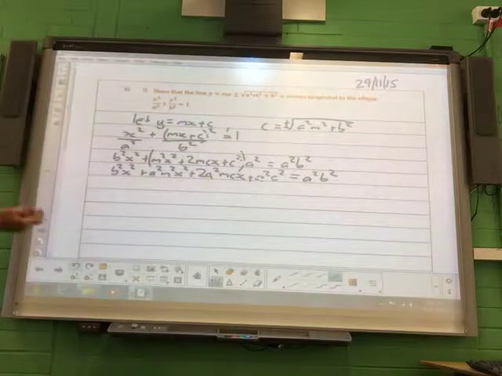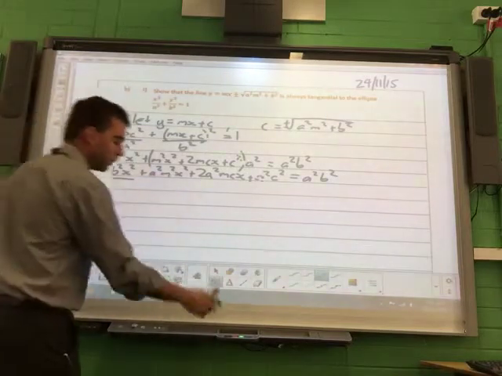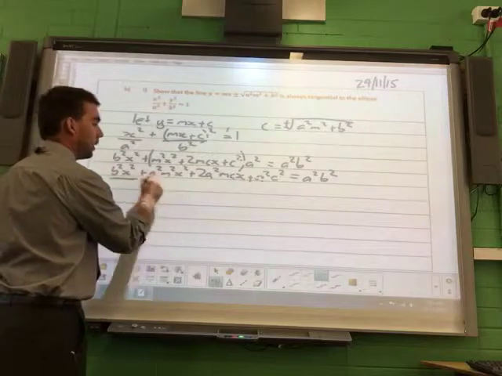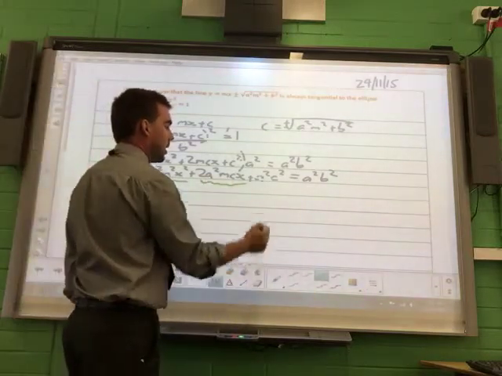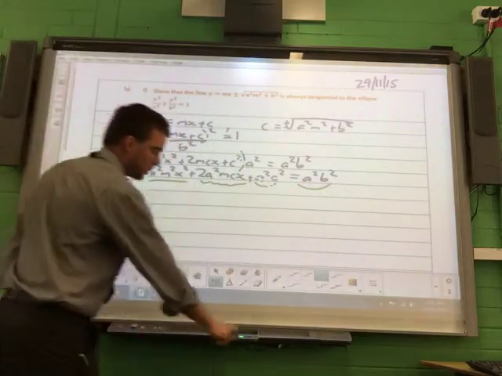Okay, so now I'm going to factorise in like powers of x. Alright, so we've got x squared, we have the x, and then we have the constants. So we're going to factorise in terms of that.